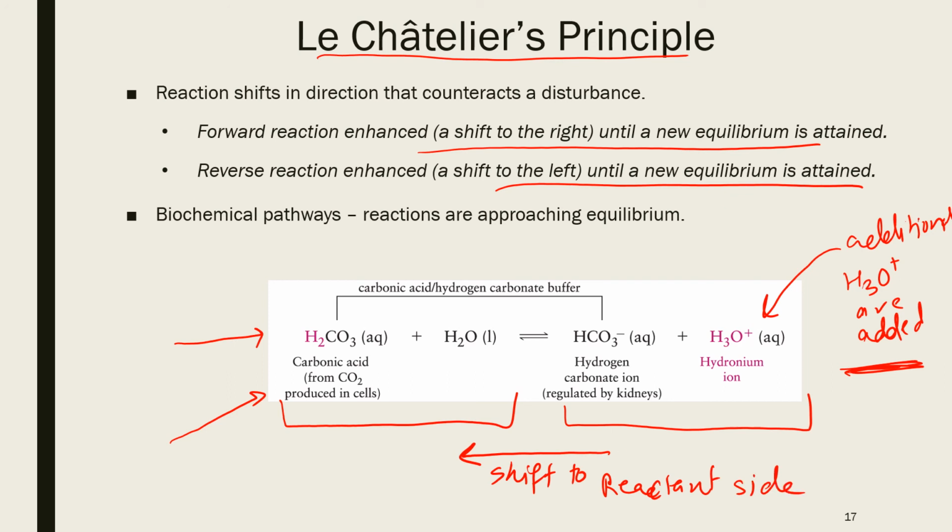In this shift to the left side, hydronium ions and hydrogen carbonate will react more and produce more carbonic acid, because now the reaction is favoring the backward, reverse, or left direction.